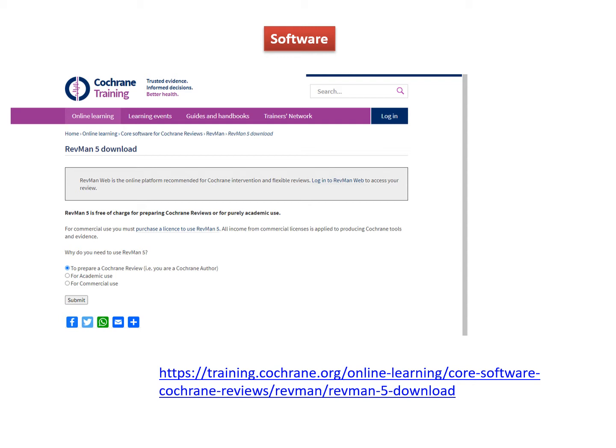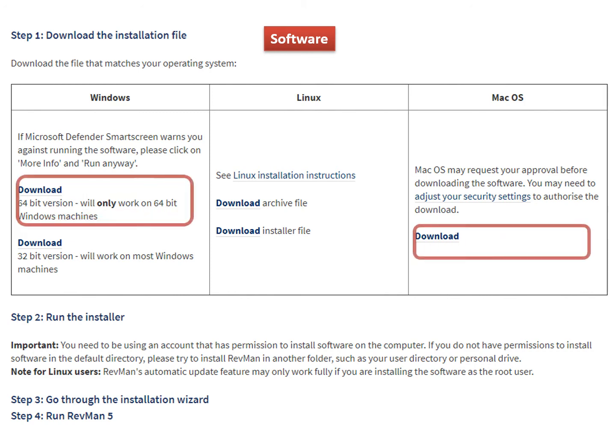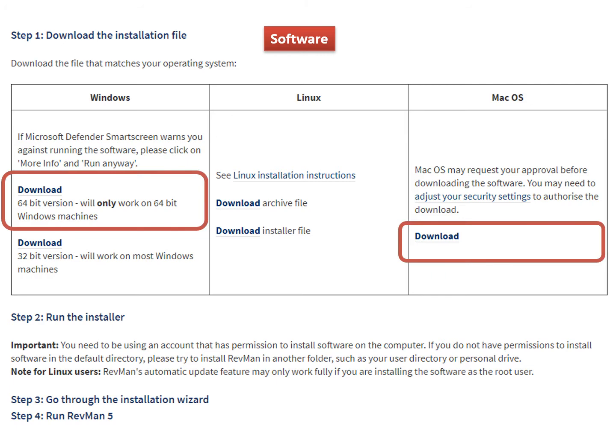Revman 5 is the desktop version of the software used for other review formats, such as diagnostic methodology overviews, for non-Cochrane reviews, and for offline working. You can use Revman 5 alongside Revman Web if needed. You can download the desktop version for free after choosing your computer operating system.